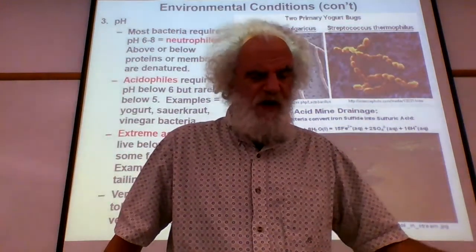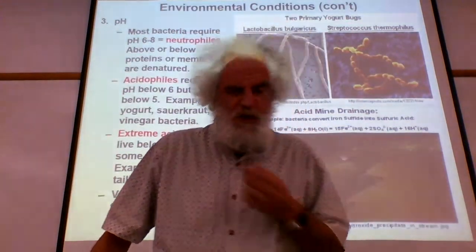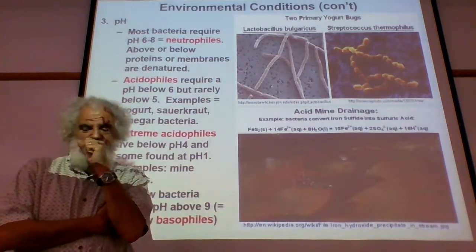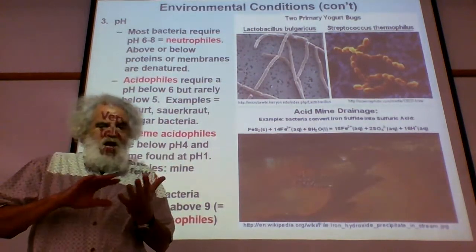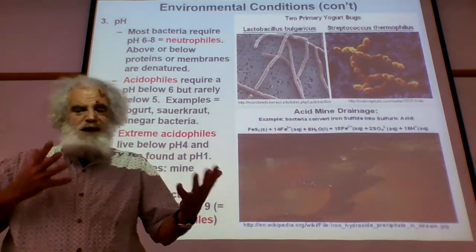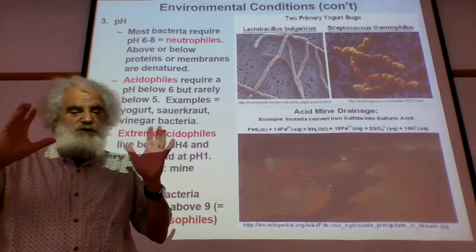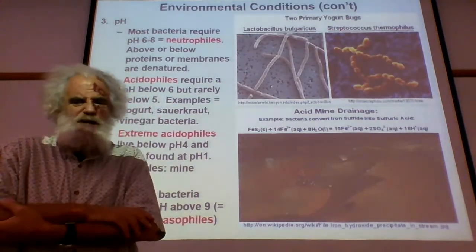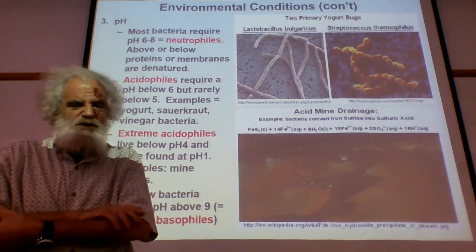So, also when we're thinking about environmental conditions, we've got pH to concern ourselves with. On our bodies, we've got a couple of different pH environments. On your skin, you probably have a slightly lower pH.